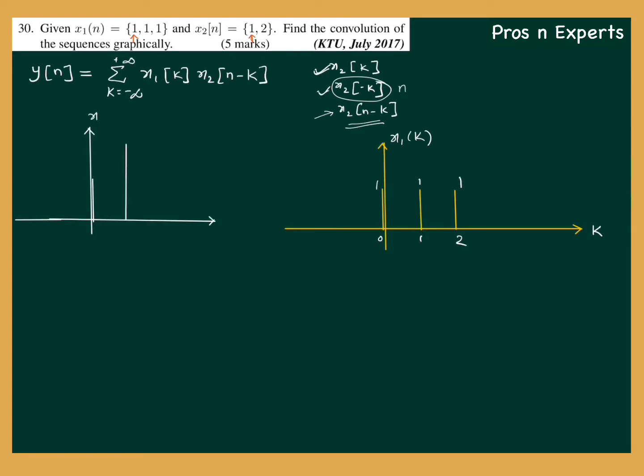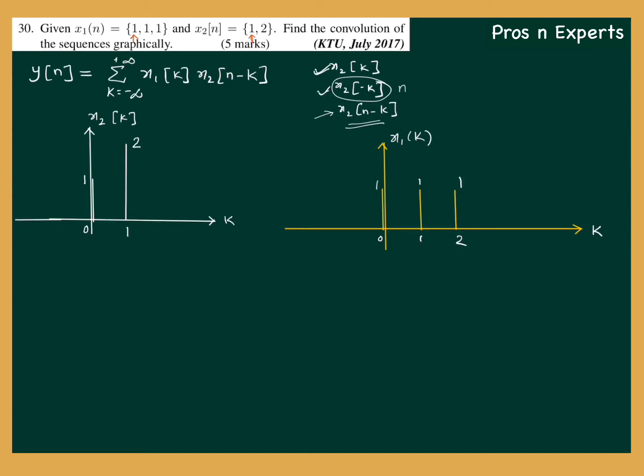This is x2 of k over k, because this is at k equal to 0 and this is at k equal to 1, with amplitude 1 at k equal to 0 and 2 at k equal to 1. So this is x2 of k. Now what is the next step? You have to draw x2 of minus k.